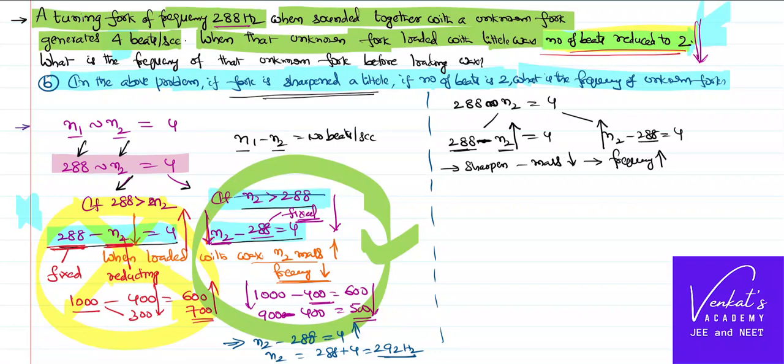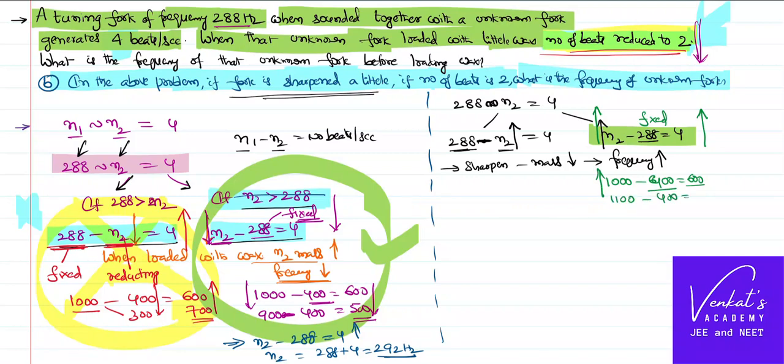So let's start analyzing this first case. In any mathematical equation, if you keep the second term fixed and if you increase the first term because you are sharpening, the difference between them has to increase, isn't it? I will take the same example: 1000 minus 400 equals 600. Now the second term is fixed, you have sharpened this, so its value increases to 1100.